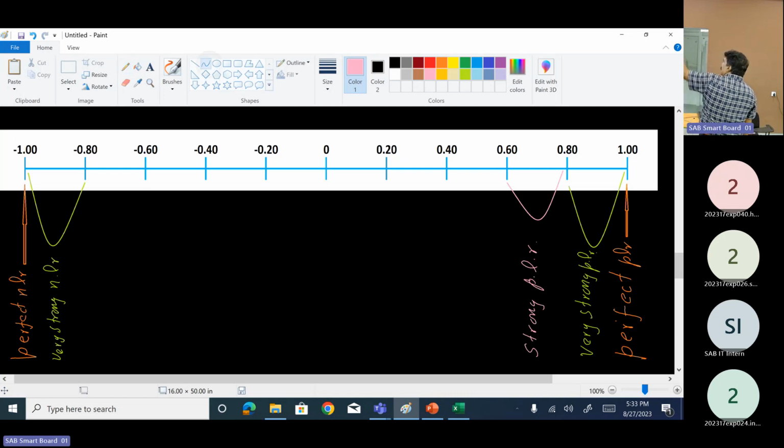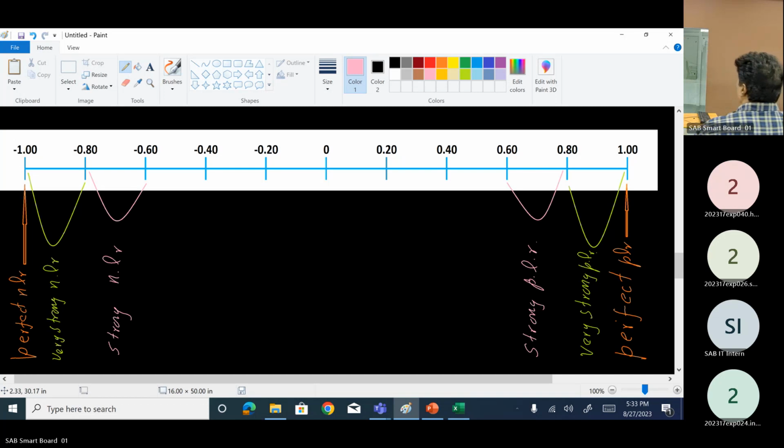So similarly, the other side, minus 0.79 to minus 0.6, strong negative linear relationship. Next one, 0.6 given for this category.